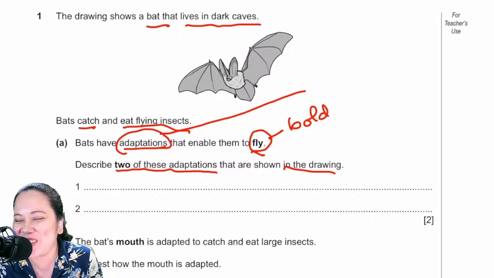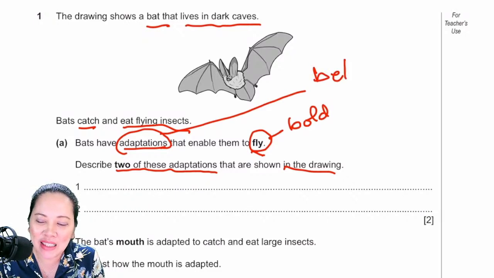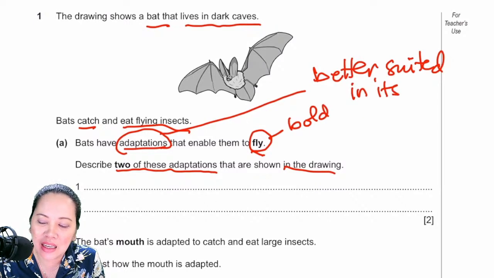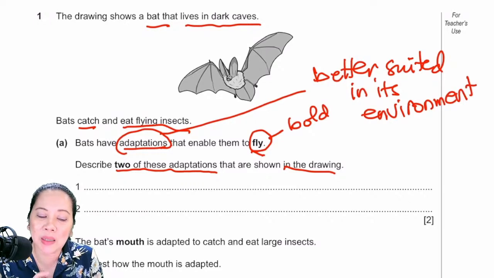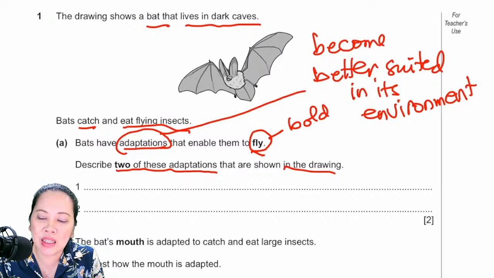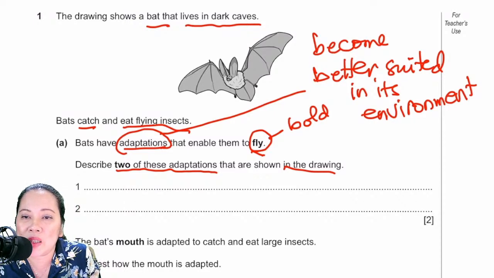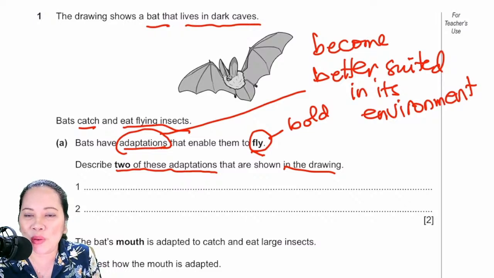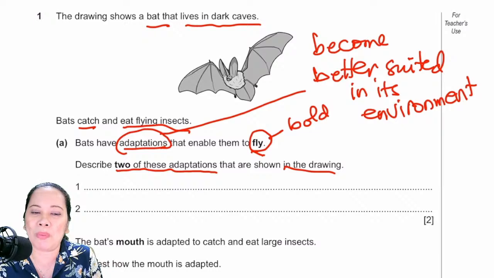Better suited in its environment. Okay? So that is adaptation. You become better suited in your new environment. So you suit in, or you're comfortable now, or you are okay in your new environment. So you're able to adapt.